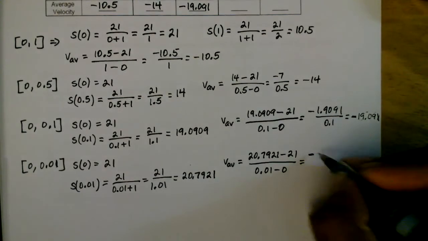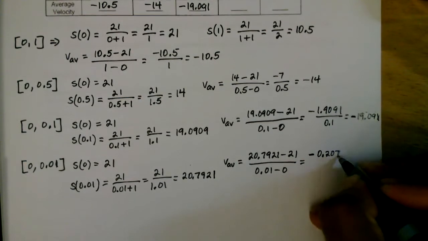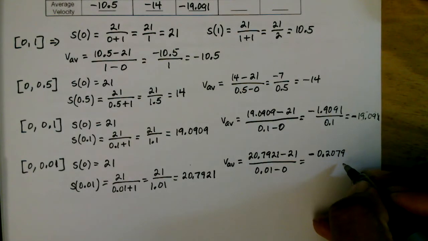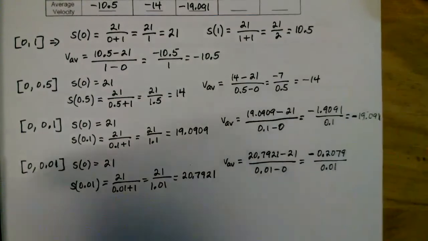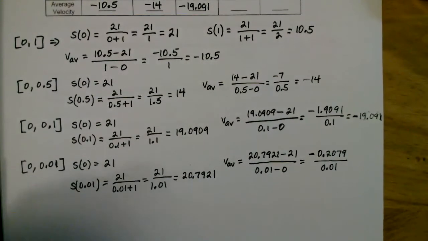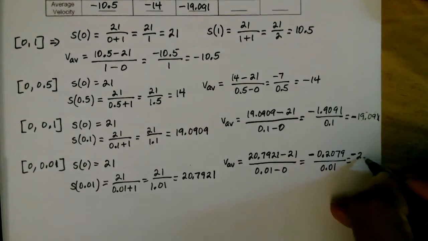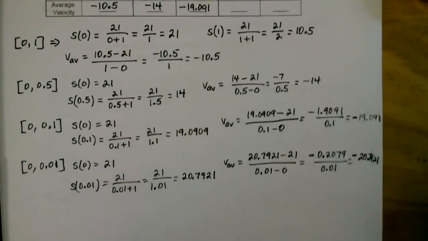This will be negative 0.2079 divided by 0.01, which ends up being a negative 20.7921.